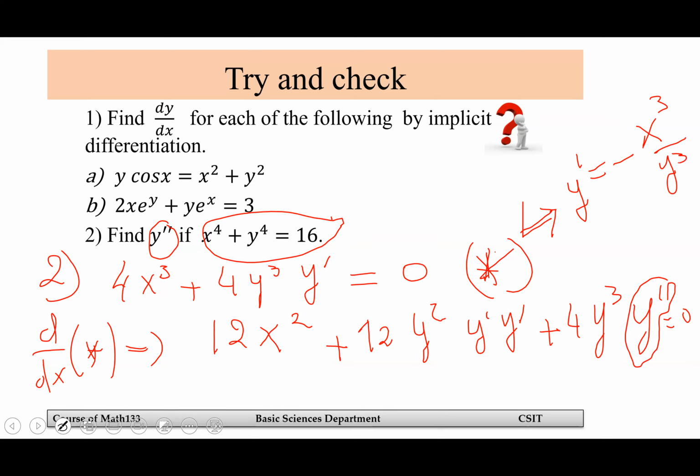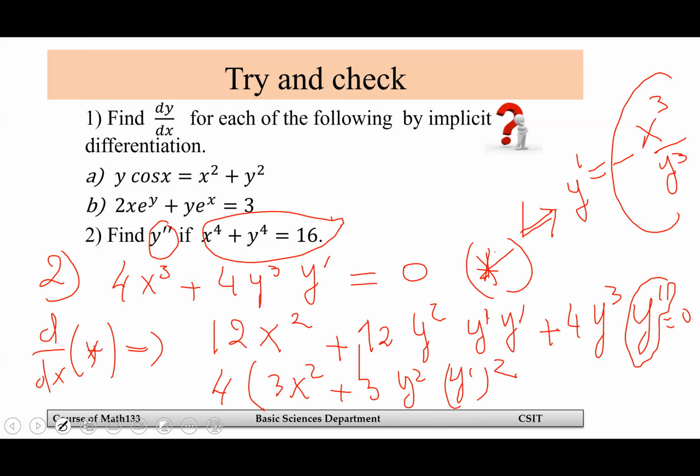Now in this new equation, I can find the y double prime. So I will have here 4 as a common factor. So 4 times (3x squared plus 3y squared (y prime)^2 ... but I can replace y prime by minus x cubed over y cubed) plus y cubed y double prime.